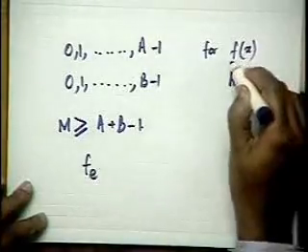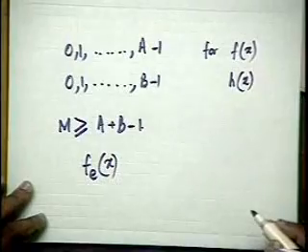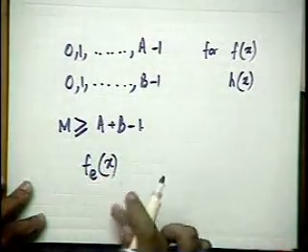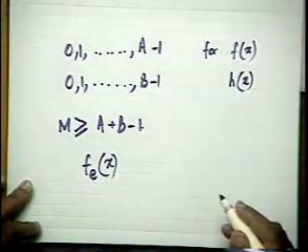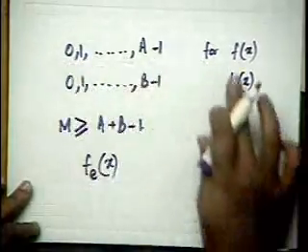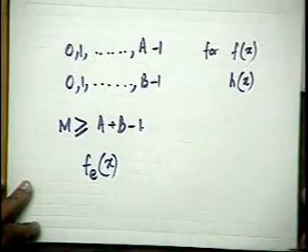So let us call the extended function of f of x as f suffix e of x, where the extended function f e of x is having capital M number of samples, where capital A number of samples are the samples from f of x directly, and the remaining samples, M minus A, they are zeros.